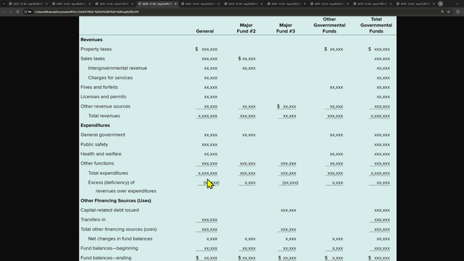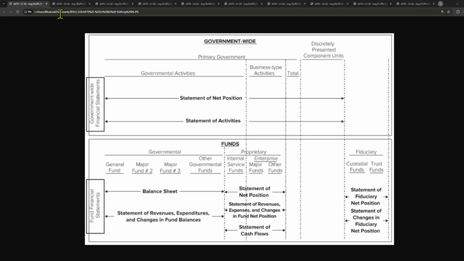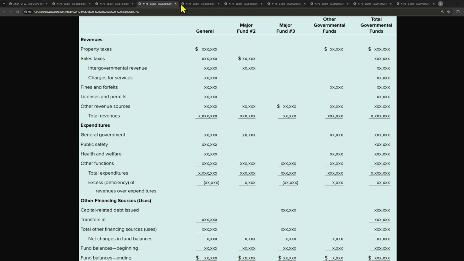Here we're talking about the governmental funds, but that's going to be different from, if we go back to here, this is going to be different. So these are the governmental funds, and we're using the word funds, versus the government-wide statements overall. So here we are using governmental activities under the government-wide. Here we have governmental funds under the fund financial statements. So just make sure that you're paying attention when we're talking about one versus the other.